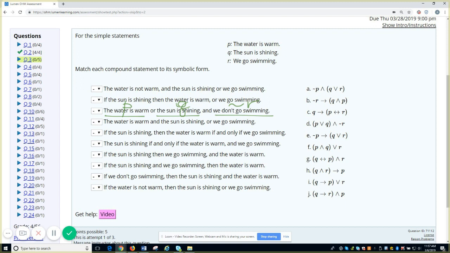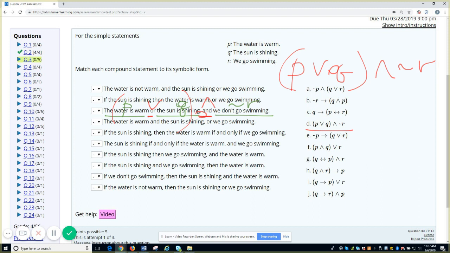Well, first of all, I'm recognizing the comma here is telling me that the P and the Q are going to be in parentheses, linked with an or, and then negated R would be linked to all this with an and. All right, so I've translated every single word in that sentence. So my final statement is P or Q and not R. So P or Q and not R.